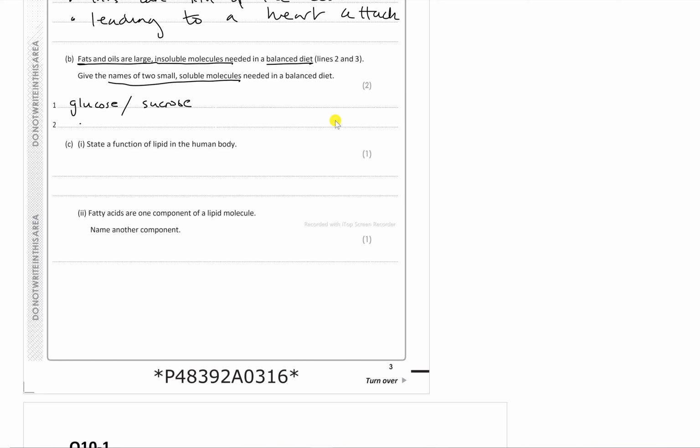You can have other molecules. You can have amino acids. What other molecules have you got? Say, for example, vitamin C. You can have minerals, which is sodium chloride, salt.